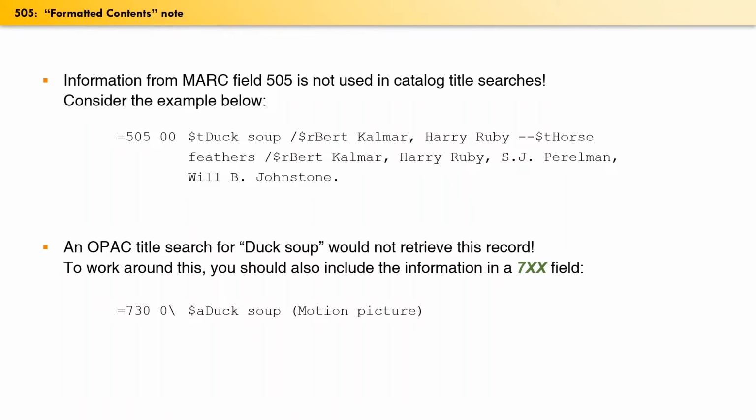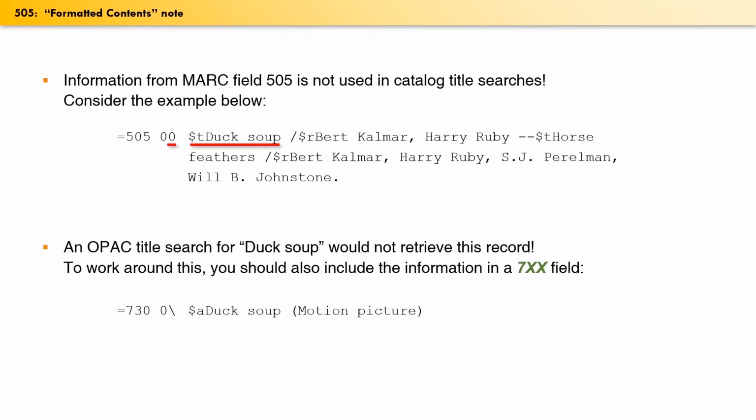If you look at the example on the screen right now, if a patron searched the OPAC for the title Duck Soup, even though the coding for this record is correct, even though they have a 0 in the second indicator, and even though they have subfield t and then Duck Soup written out, this still would not be retrieved in a title search.